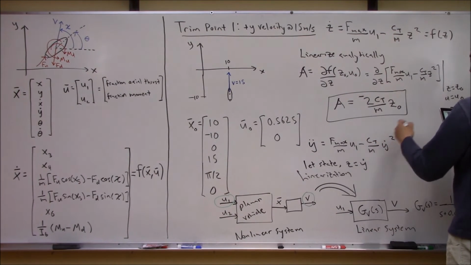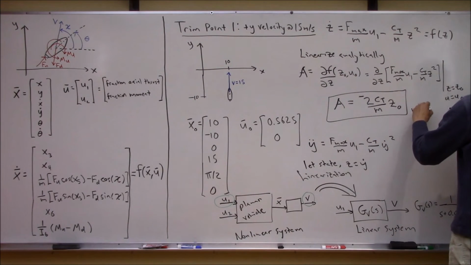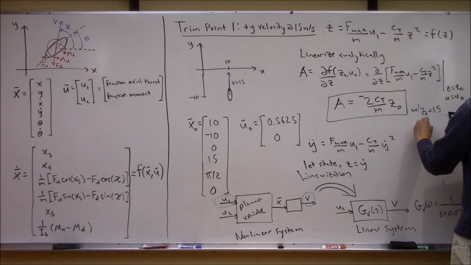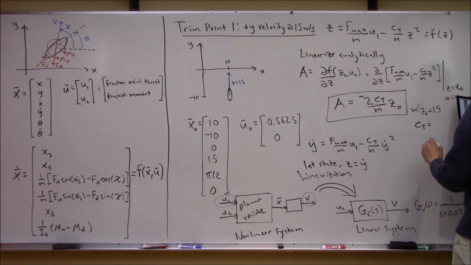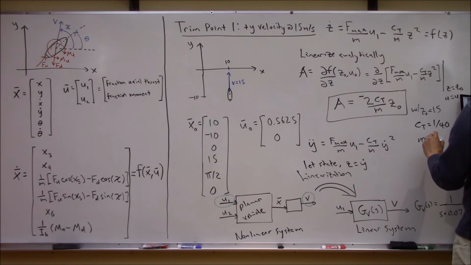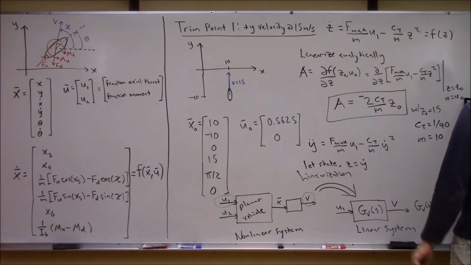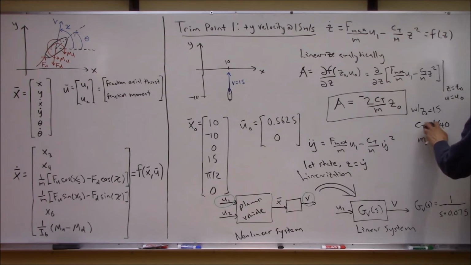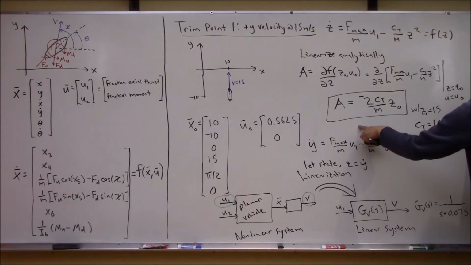So with z naught equal to 15, and then all of these other constants, if you remember, CT, the value we're using for that is, I think, 1 over 40, yeah, 1/40th. And the mass we were using in this case was 10, right? So you can plug all of this in, and tell you what, let's wait to plug in all of these values here. Let's get the B matrix as well.